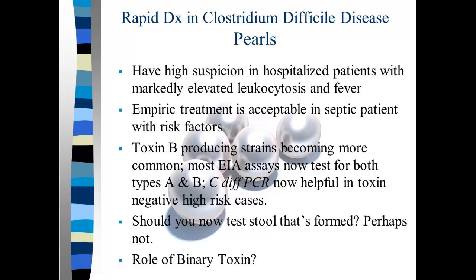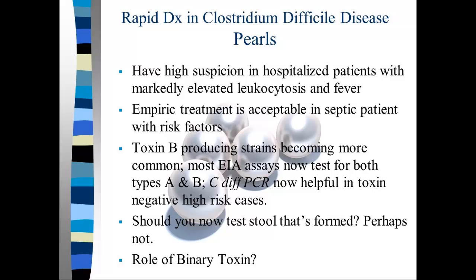The difference between toxin A and toxin B seemed to be more relevant when we used EIA assays, but now, because some of our EIA assays only tested for toxin A, they didn't test for toxin B, but nowadays we use the PCR, and it's kind of more of a historical point. So a more recent issue is, should we really, unless a patient is having watery stools, should we really test them for C. diff?